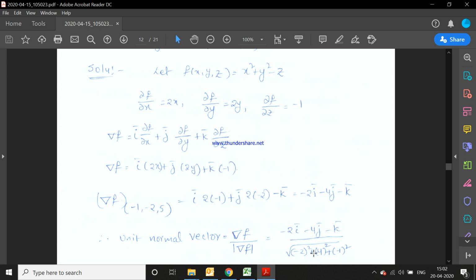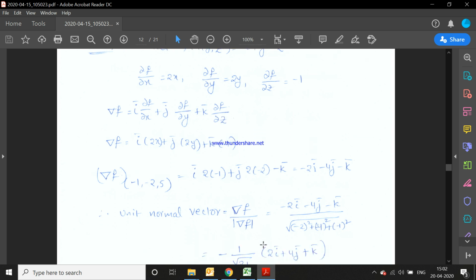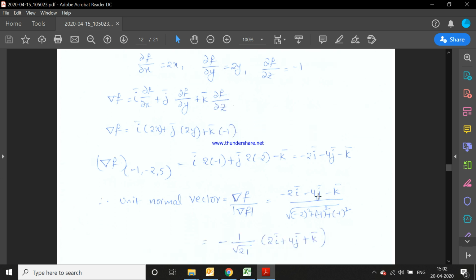All the terms have a negative sign, so we can take minus 1 common: 1 by root of 4 plus 16 plus 1, that is 21, so 1 by root 21 into 2 i bar plus 4 j bar plus k bar.